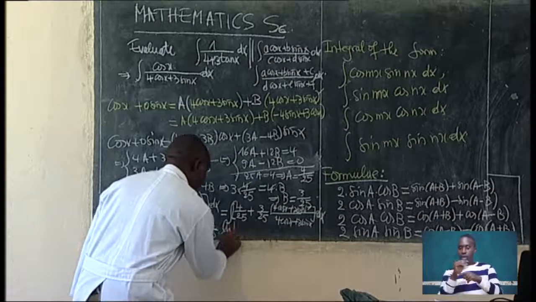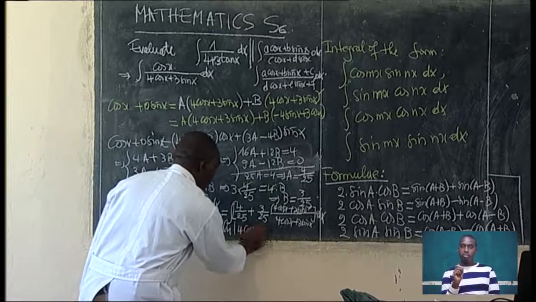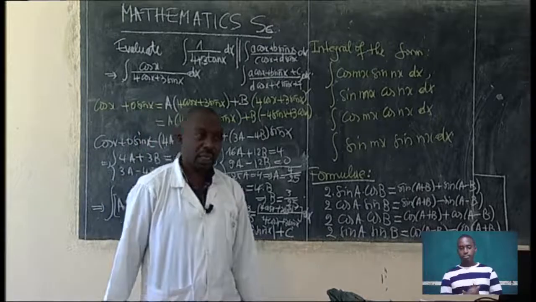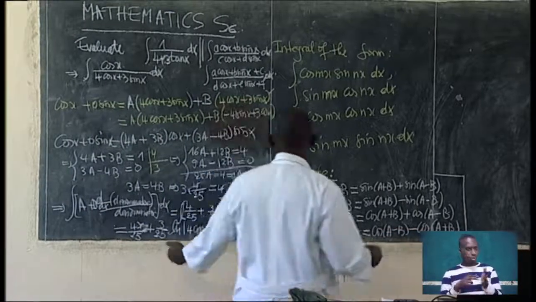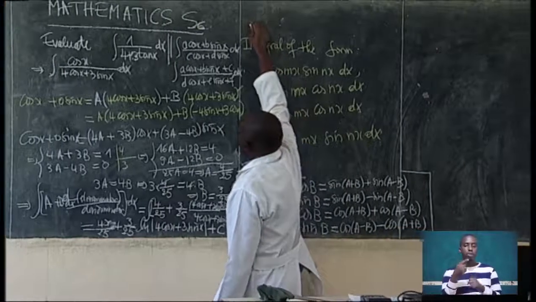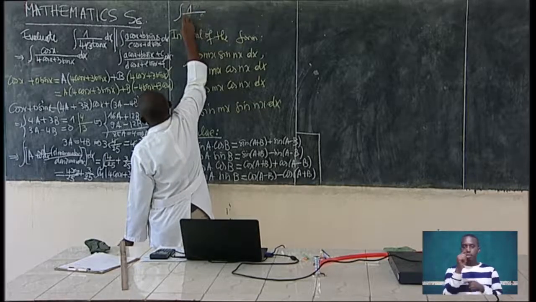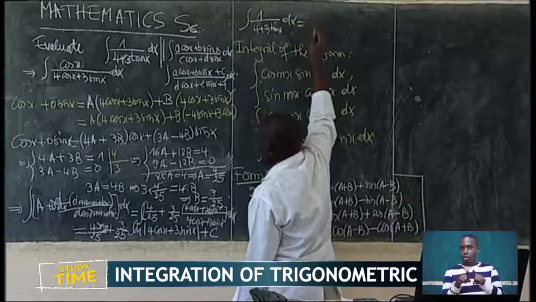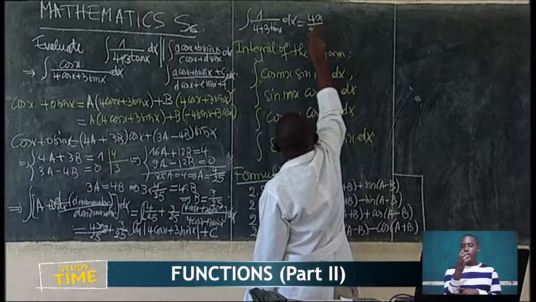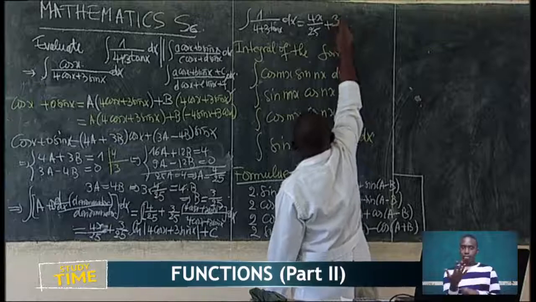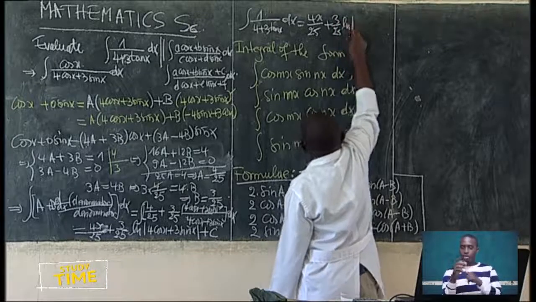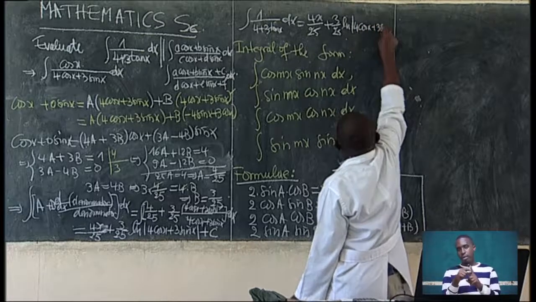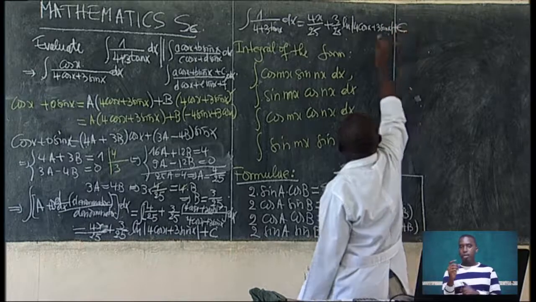This will be ln of 4 cosine x plus 3 sine x, then plus the constant of integration, and you are done. Means that we can say that the integral of 1 divided by 4 plus 3 tan x dx equals 4x divided by 25 plus 3 over 25 ln of 4 cos x plus 3 sin x plus c.